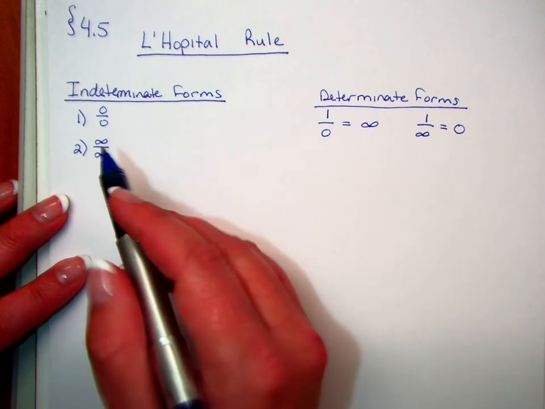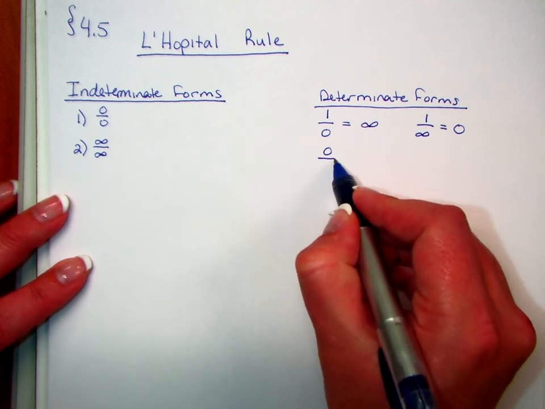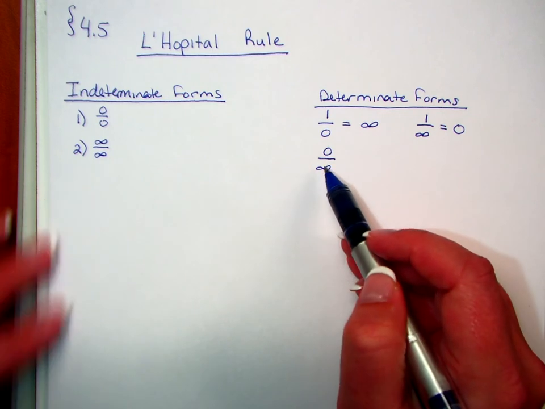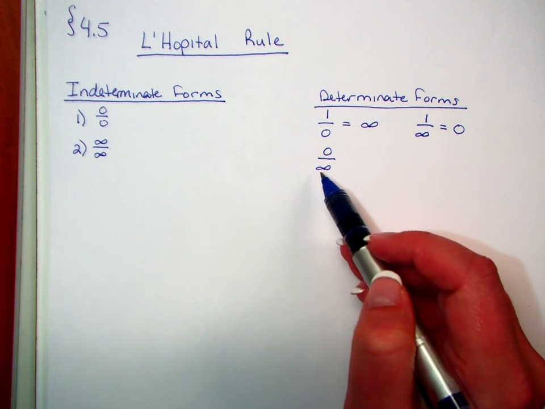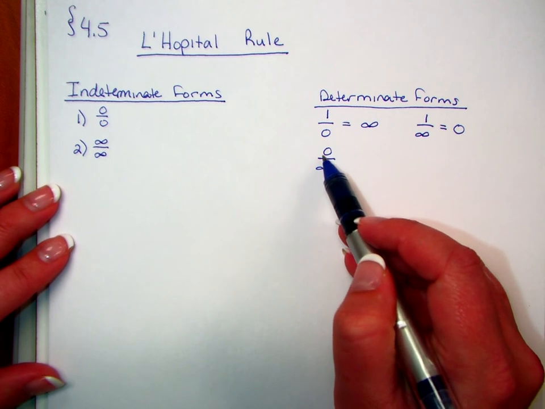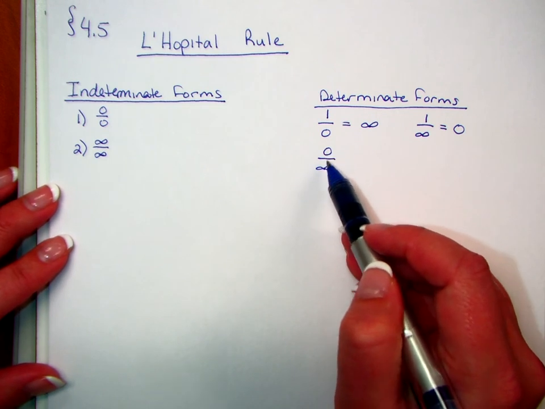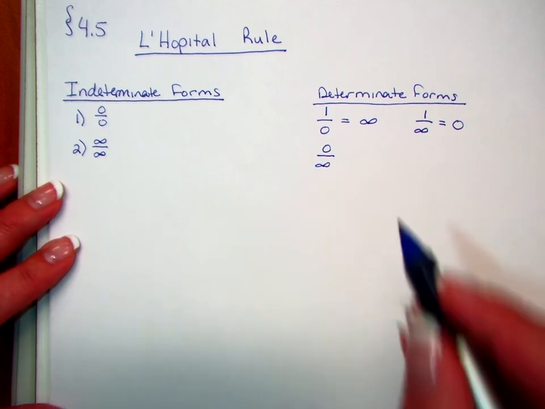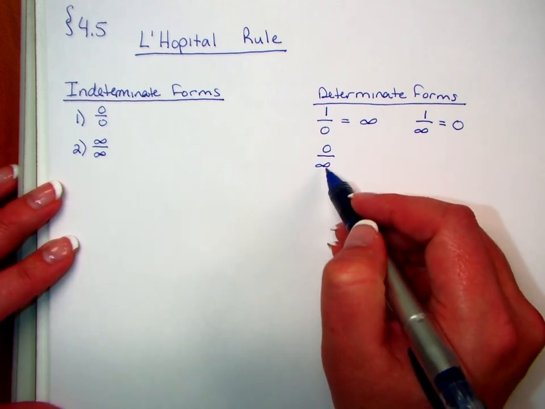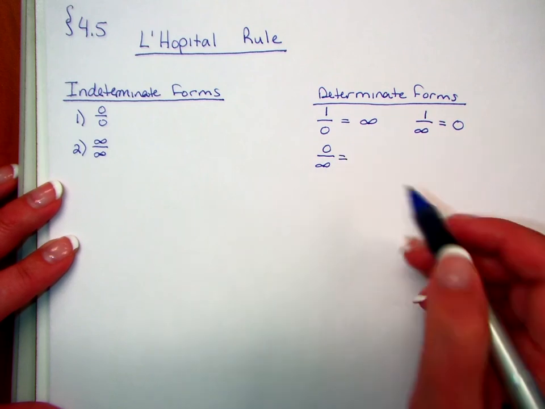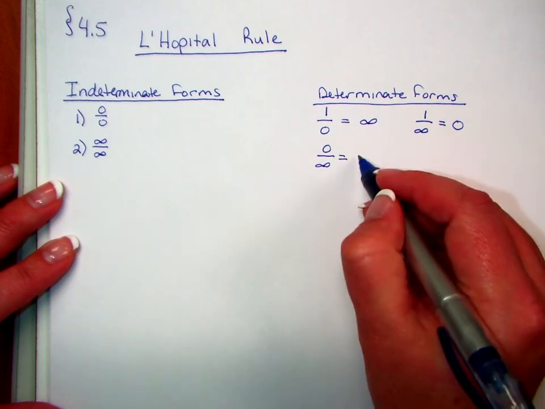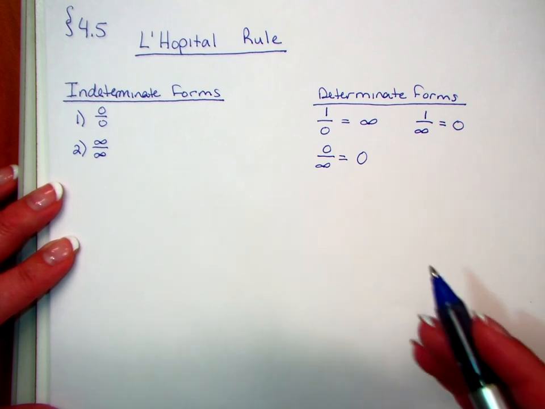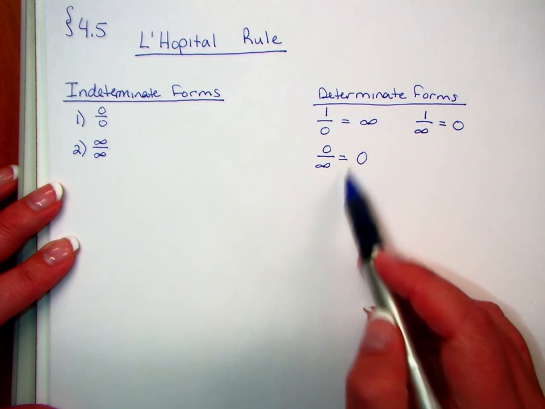If we were to mix these, if I were to get 0 over infinity here, if the top function headed to 0 and the bottom function headed to infinity, this is making the limit go to 0, and the denominator going to infinity makes this fraction go to 0 as well. So it's kind of going to 0 doubly. And so this limit is going to be 0. The top's going to 0, the bottom is making that fraction go to 0.